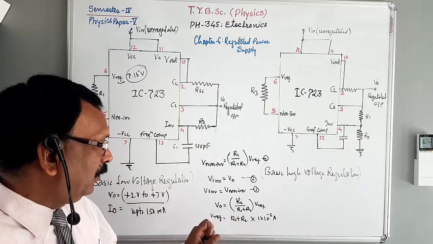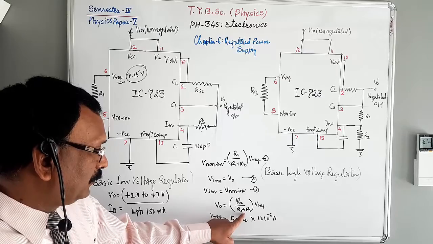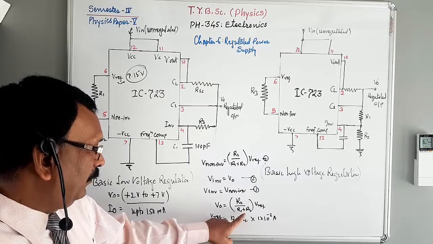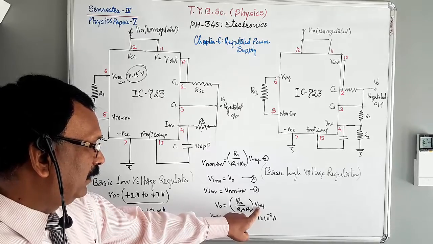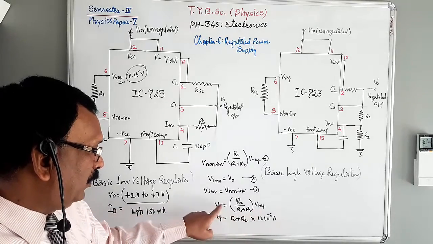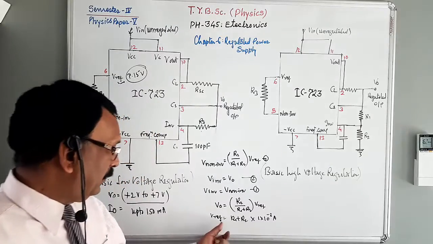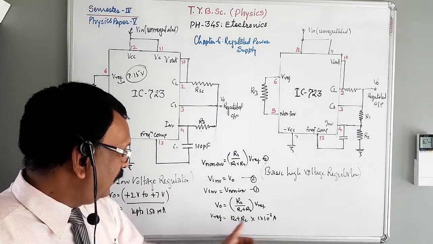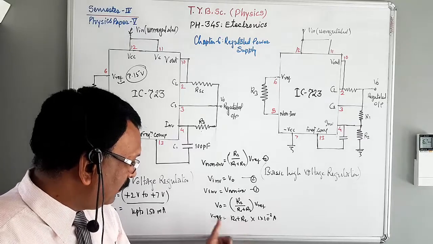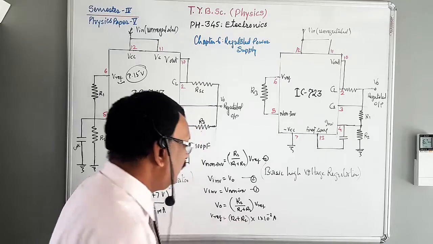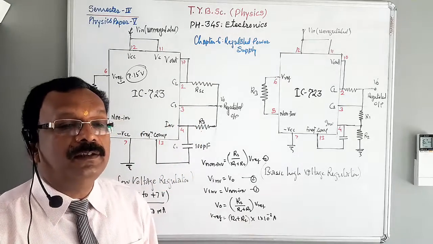See here, V is equal to IR: V reference is equal to the value of resistor into the value of current.